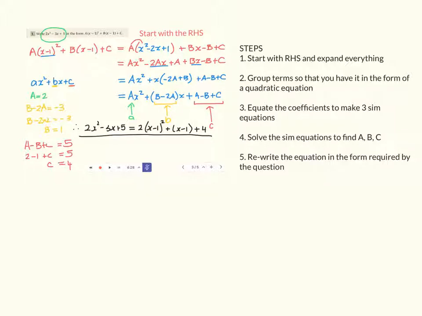And then we took our last term and we let that equal our last term in our expanded form. And so we ended up with 3 simultaneous equations here, which we solved. So solve the simultaneous equations, and then the last step was to rewrite the equation in the form required by the question. Now each question will be different, but the process will be the same.